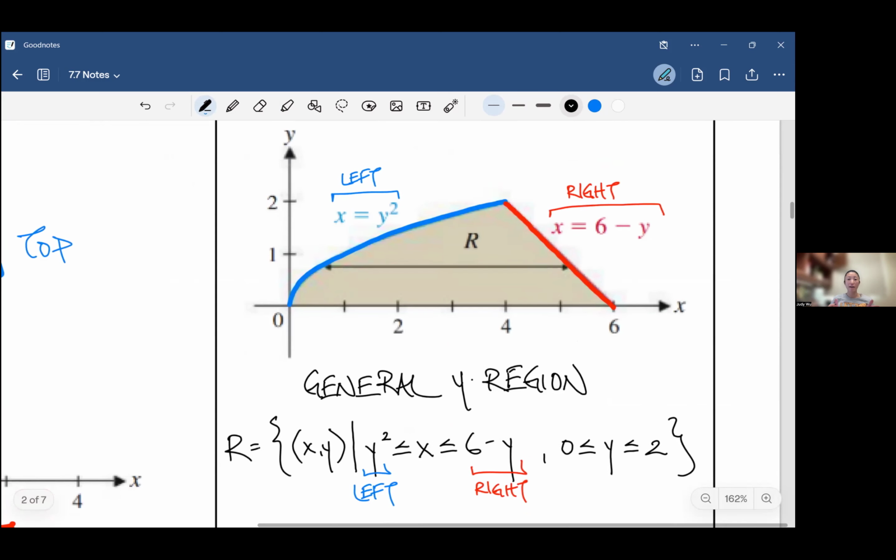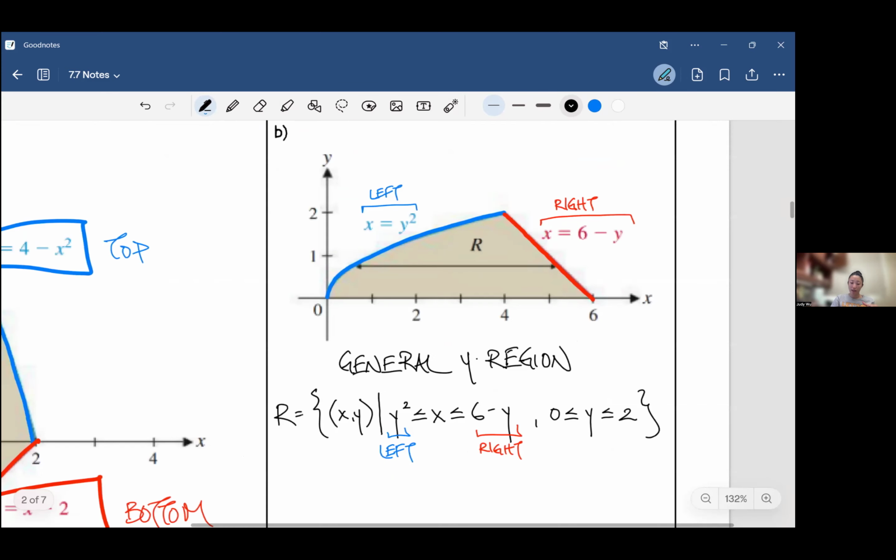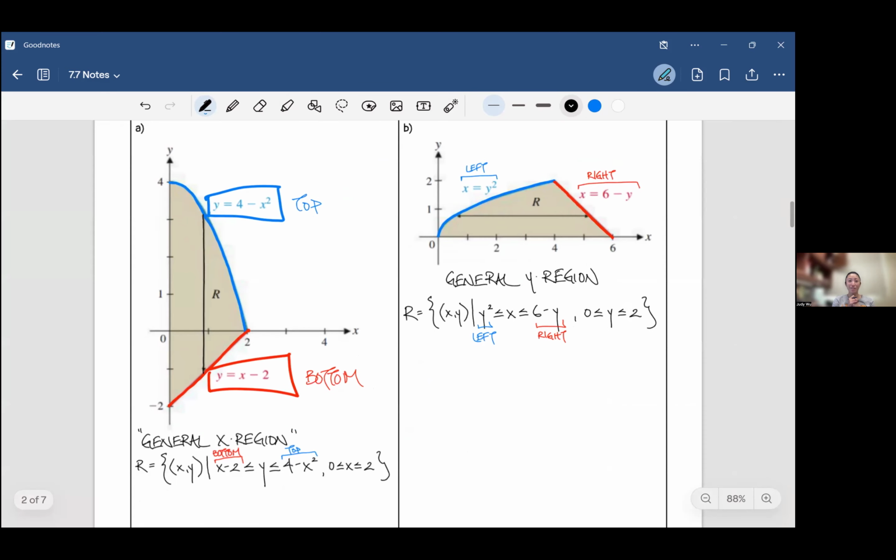So that is our setup if we're finding a general y region, right minus left. And then if we go back to the other screen, top minus bottom means we have a general x region, okay? All right, let's practice this one more time, and then we'll move on to our second video where we actually practice our calculus.